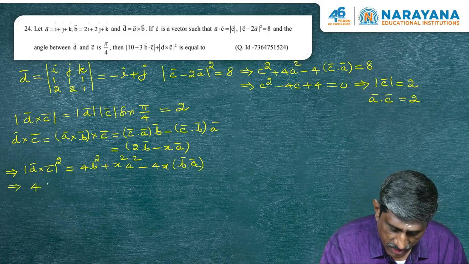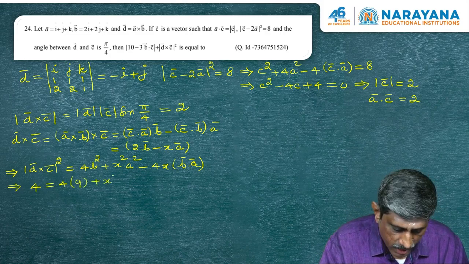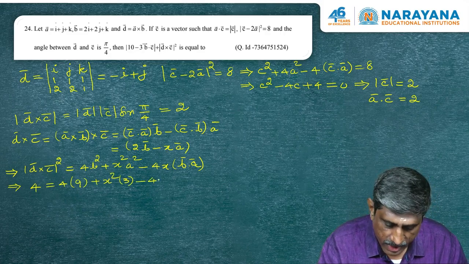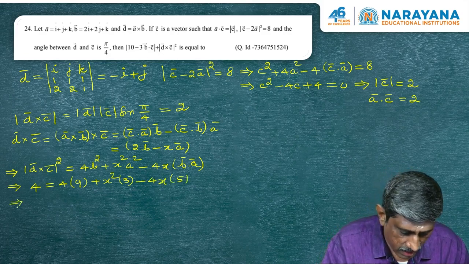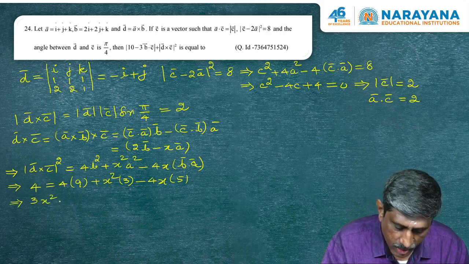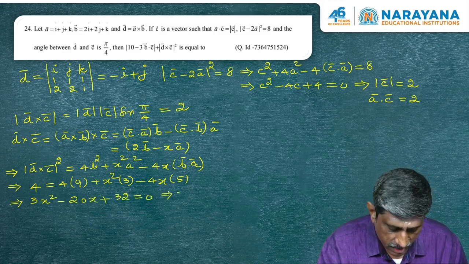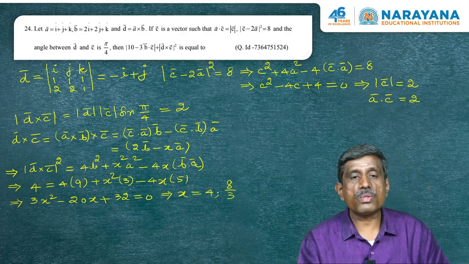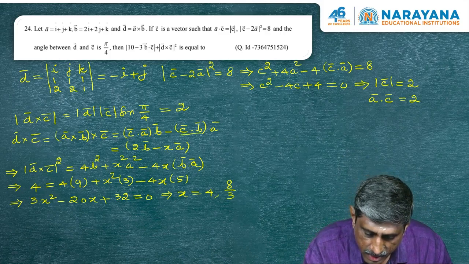So, 4 is equal to 4 into 9 plus x square into 3, modulus of A bar we can calculate, minus 4x into 5. On simplification we are getting a quadratic equation as 3x square minus 20x plus 32 is equal to 0. On simplification, x is equal to either 4 or 8 by 3. So, that is the value of x, which is clearly what is required, C dot B.